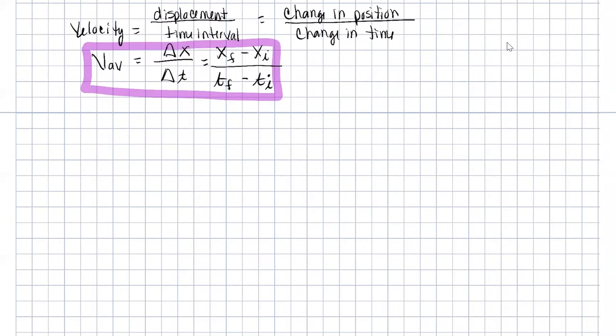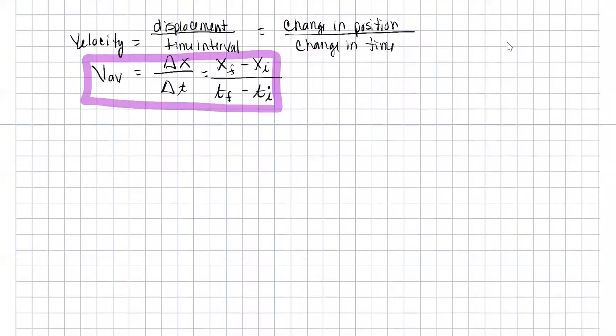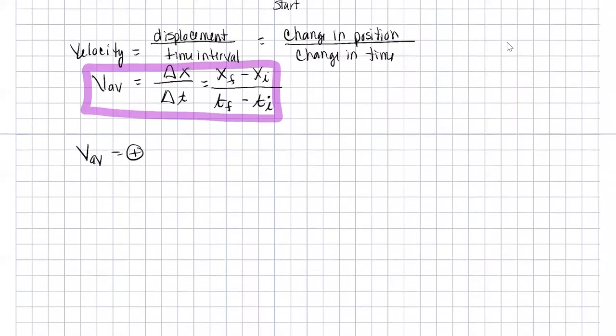So if we think about this, the average velocity is going to be positive if the object is moving away to the right, to the east, or to the north.